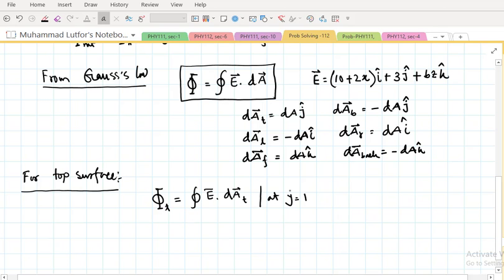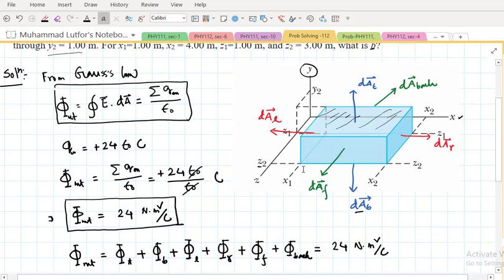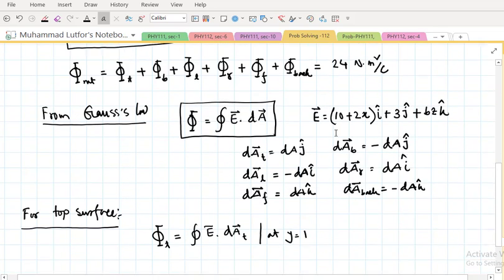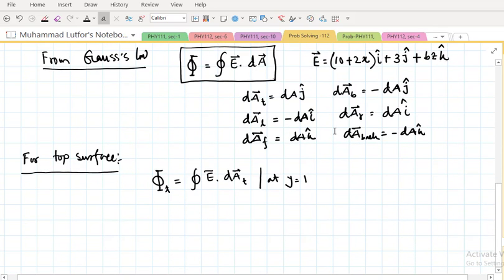So that means when y equal to 1 along the y direction, it should be basically the top surface. Fine. In this case, I have to put in that value.